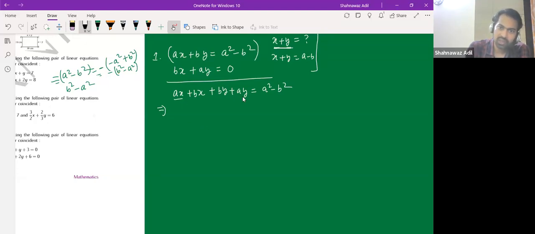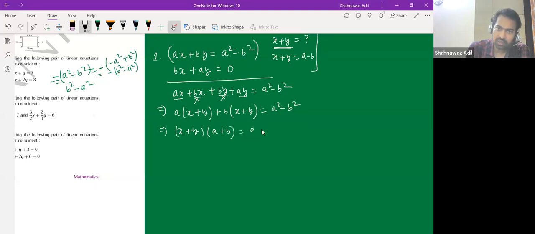So we have this one and this one, so a is common: a times x plus y. And this one and this one, so b is common: b times x plus y. This equals a square minus b square. Now x plus y is common, so it will give you the direct answer.